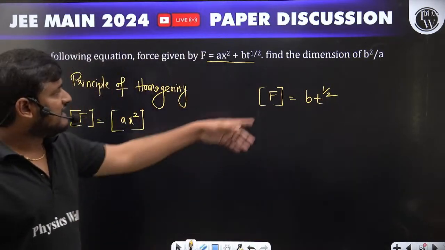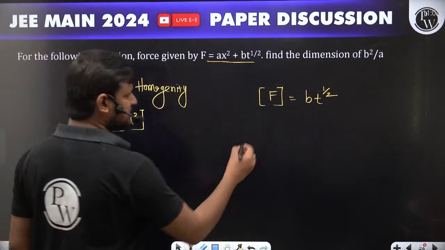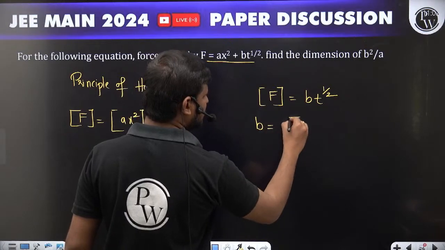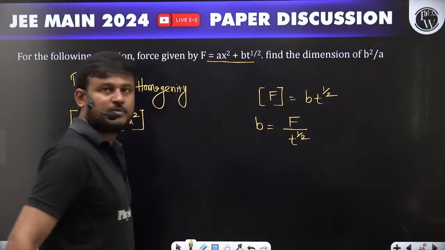Now I need the dimensions of b square by a. So b is equal to force upon t to the power 1 by 2.